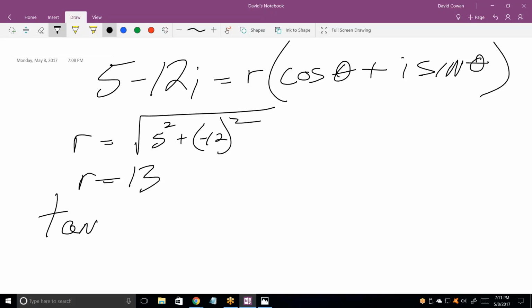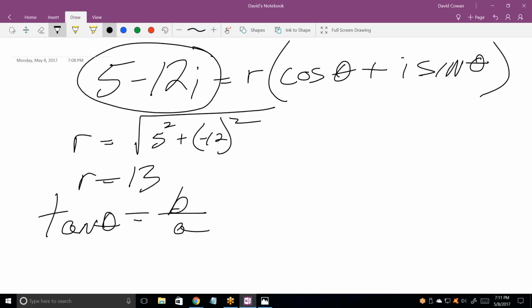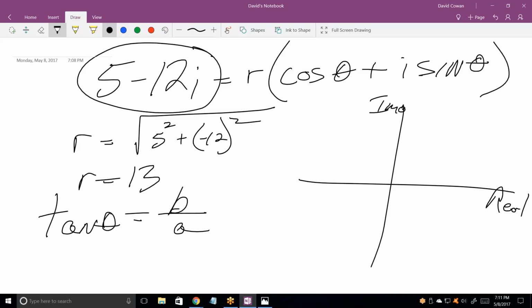Tangent of theta is b over a. If you plot, let's plot this point in the complex plane. That's the real, that's the imaginary. Okay, so we're at 5 minus 12. We're way down there. That's 5 comma minus 12.